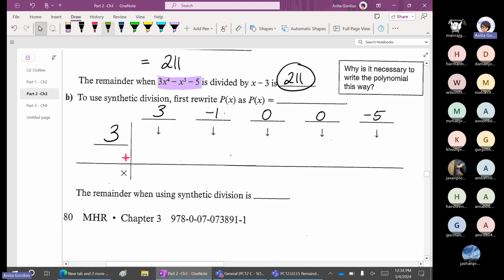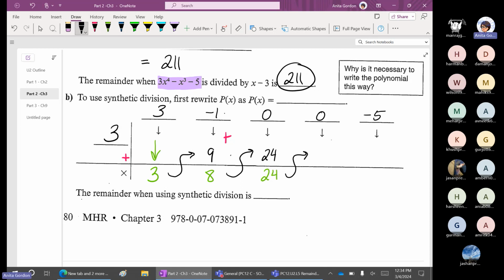Okay, step 1, drop the first number, multiply by the root. What should I get here? 9. Add top and bottom. What should I get? 8. Multiply by the root. What do I get? 24. Add top and bottom. 24. Multiply by the root. 72, thank you.